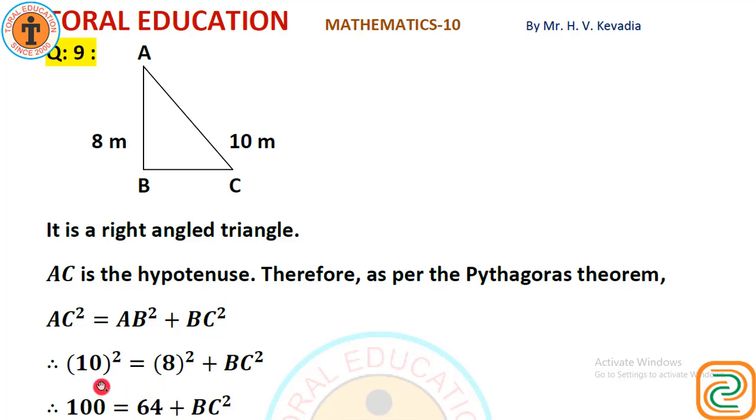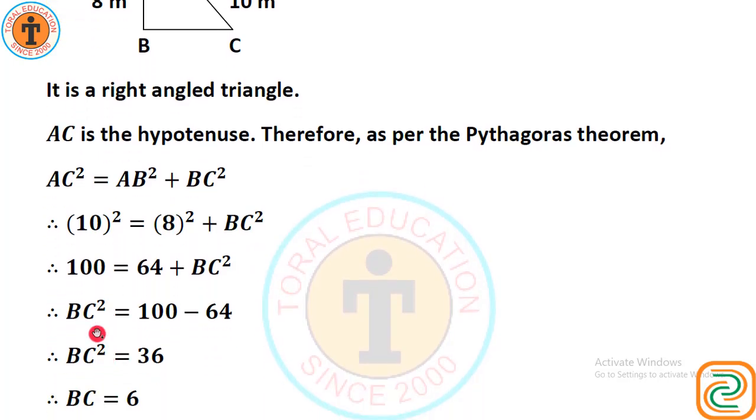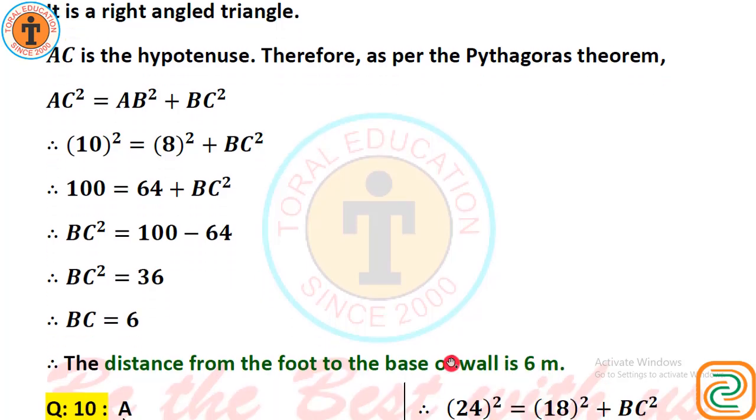Therefore, 10 square equals 8 square plus BC square. 10 square is 100. 100 equals 64 plus BC square. So BC square equals 100 minus 64. Therefore, BC square equals 36. Taking the square root, BC equals 6. The distance from the foot to the base of the wall is 6 meter.